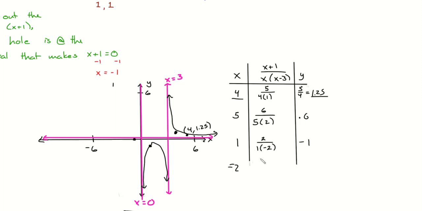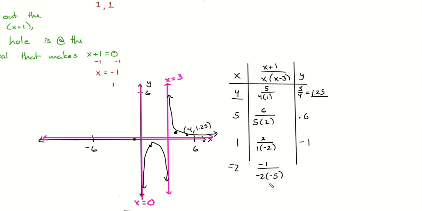What's -2 plus 1? -2 plus 1 is not 2. It's -1. Over -2 times, what's -2 minus 3? -5 it is.